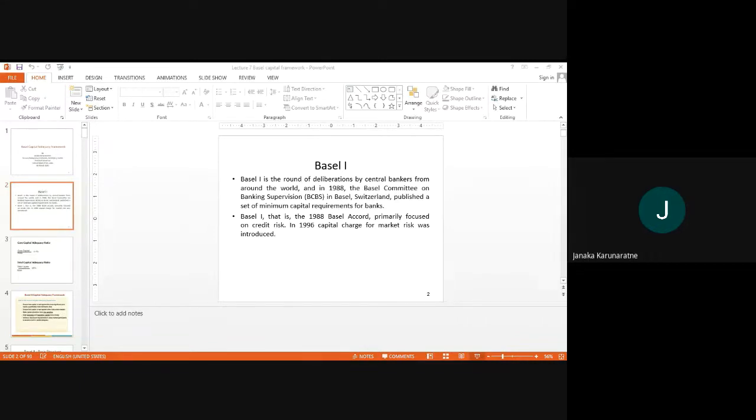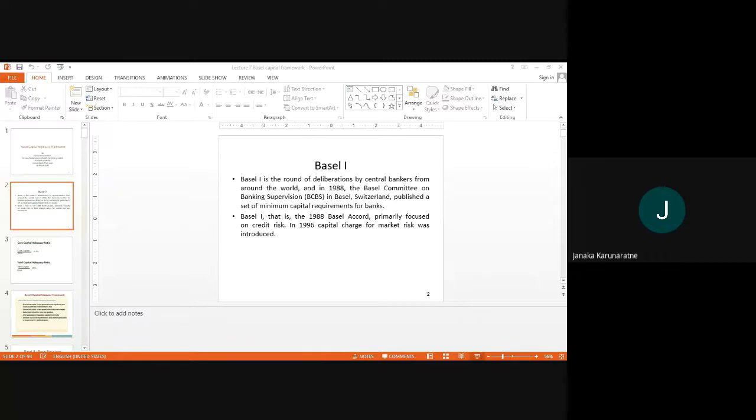Now, even in Sri Lanka, we applied the Basel I framework around 1996, as I understand. But then the Basel II capital adequacy framework.